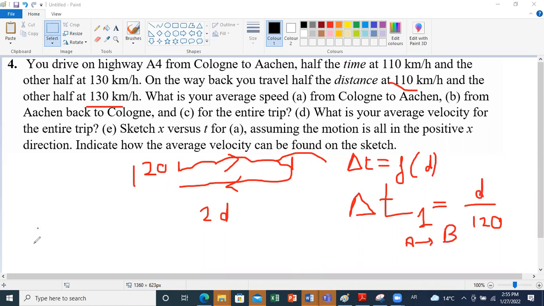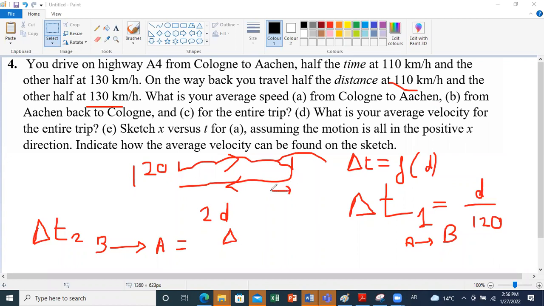Now delta t of phase 2, when going from B to A, we just found its expression. Okay, we said that it's equal to, what did we get? Delta t. Let's go back and write its expression.